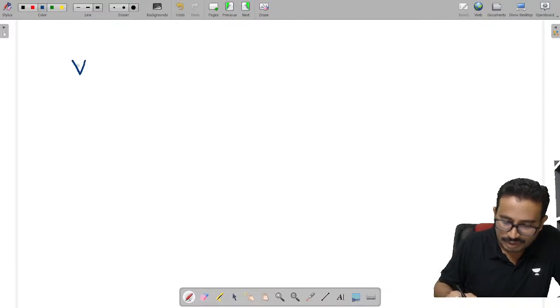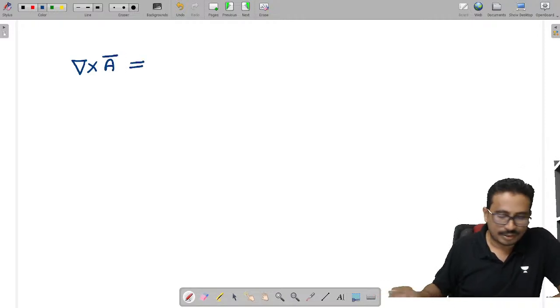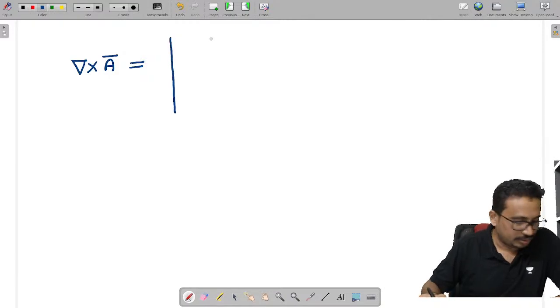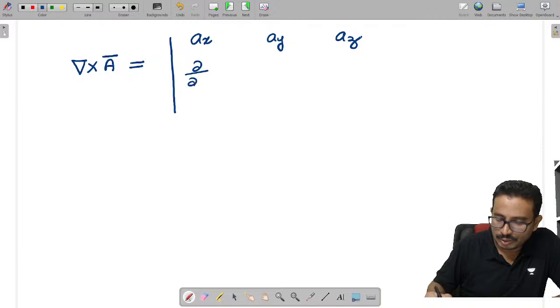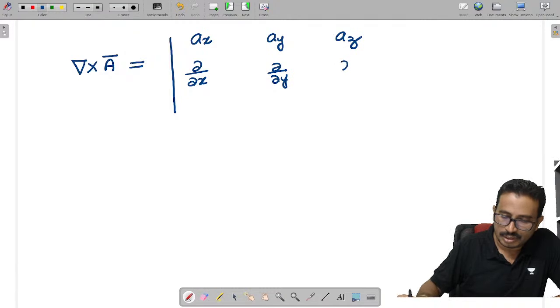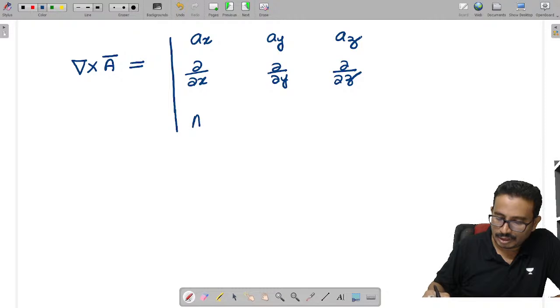Now how can we find the curl of a vector? That is del cross A, which is given as a determinant with the unit vectors x cap, y cap, z cap in the first row, dou by dou x, dou by dou y, dou by dou z in the second row, and Ax, Ay, Az in the third row.